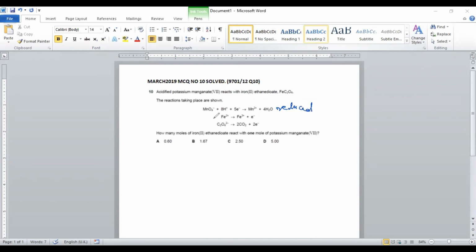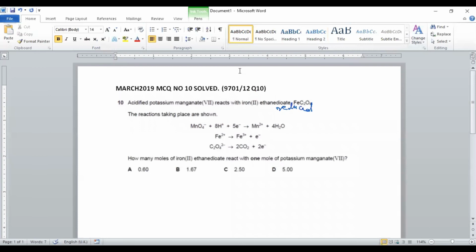And unlike other questions, in this question, there are two things being oxidized: iron 2 to iron 3, and carbon also, because the oxidation state of carbon here is +3 and here it is +4.